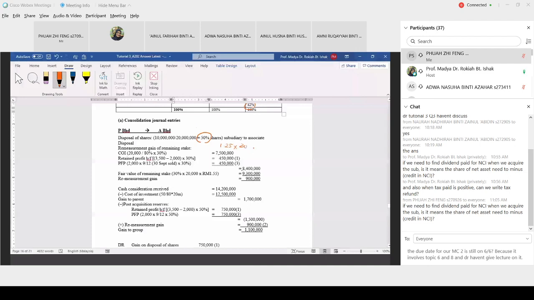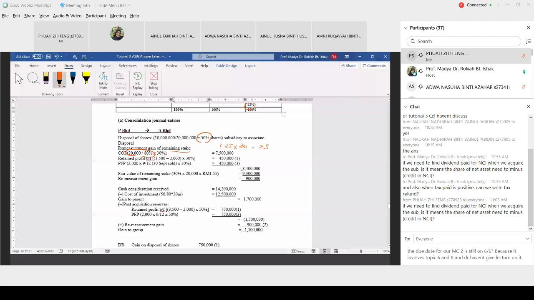25 times the remaining shares, which is 30%, so you're going to have 7,500. Then the retained profit brought forward 3.5, and this one is at the acquisition date, so you're going to have 450. And then this is the share of profit.